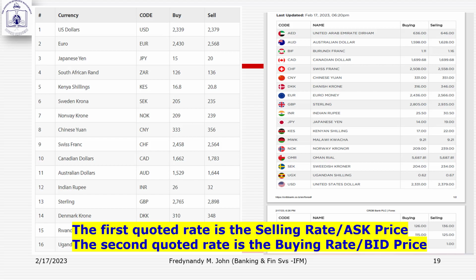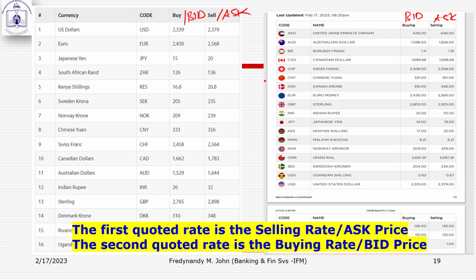Now, in any given quotation, the first quoted rate is the selling rate, and the second quoted rate is the buying rate. Selling rate sometimes is known as the ask, whereas the buying rate is known as the bid.